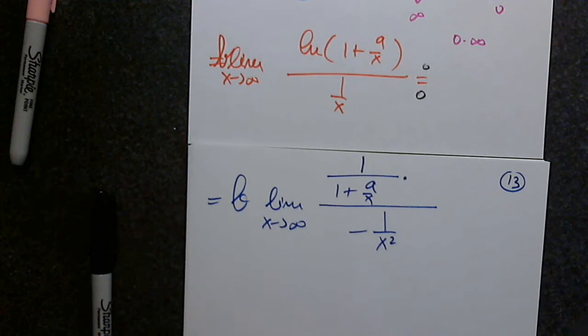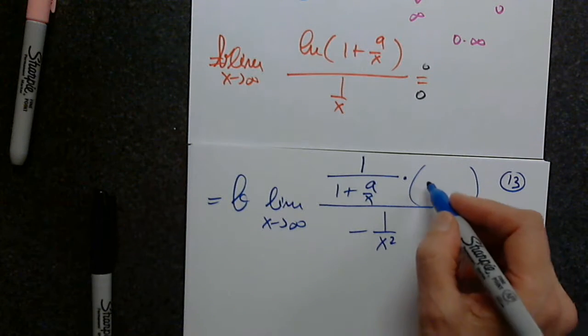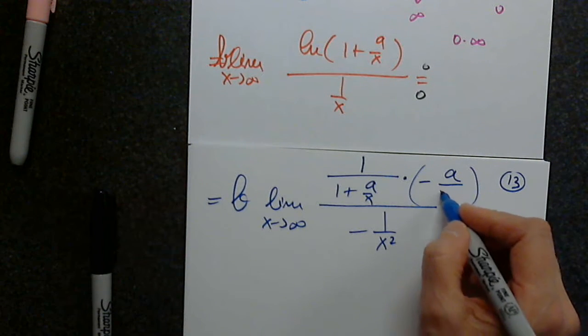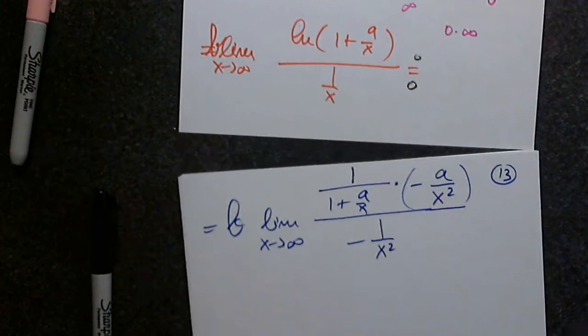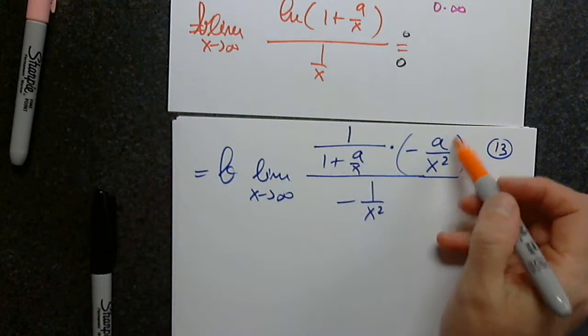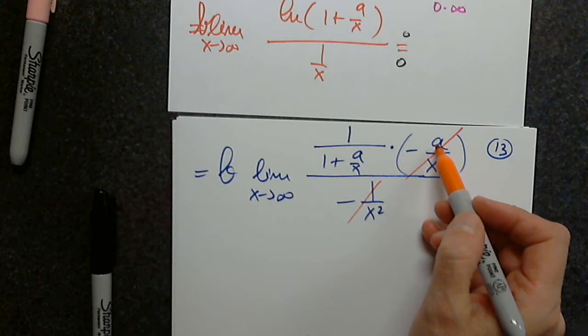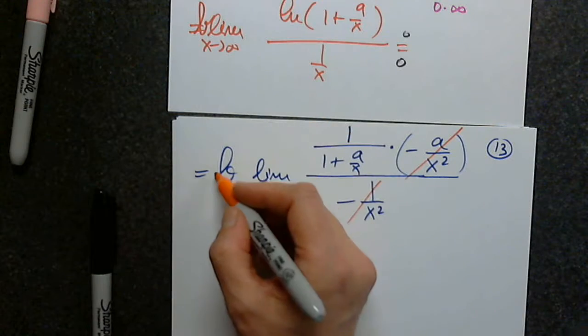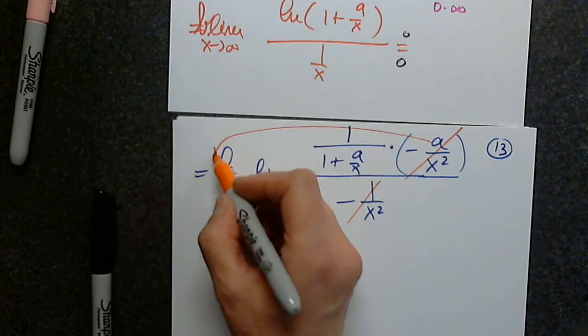The inner function prime. Negative a over. Yes. Very nice. Because these two will go away, and the positive a, because it's negative and positive a, will be transported in front.